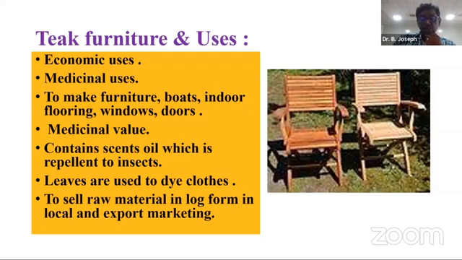Once it catches fire, it's very difficult to control. As far as the teak skeletonizer, teak diseases, and all those things I told you about, we can ignore them, because they are very difficult to control and it doesn't make any difference. So whatever plantations are there in the period of 18 years, we can harvest two times, in the 6th year and 12th year, and remove all the weak trees, trees which are infested with pests and diseases.